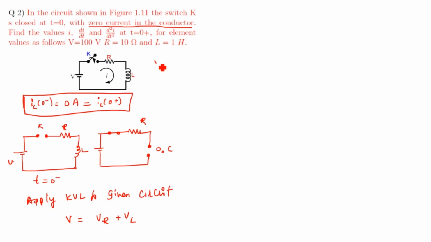Now we know that voltage across inductor equals L into dIL by dt, L into the differentiation of current through an inductor. Alright. Now V equals I of t into R plus VL, and VL is L into d by dt of I of t. Call this equation number 1.